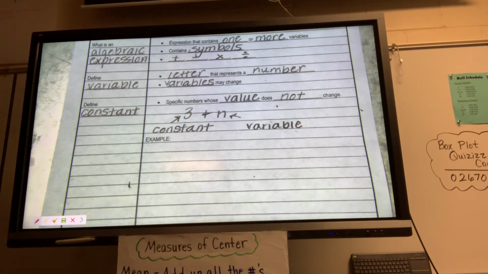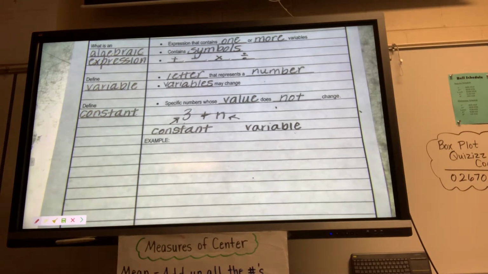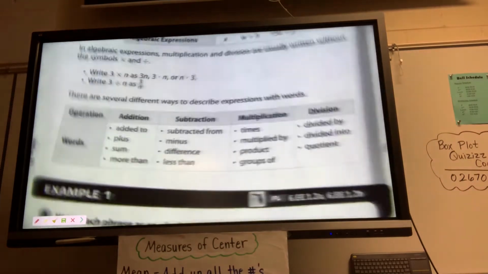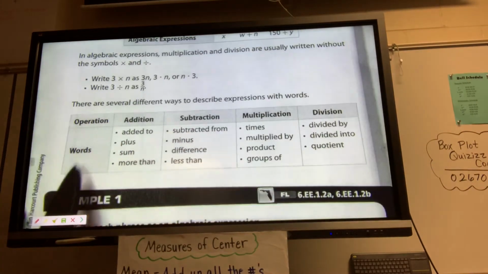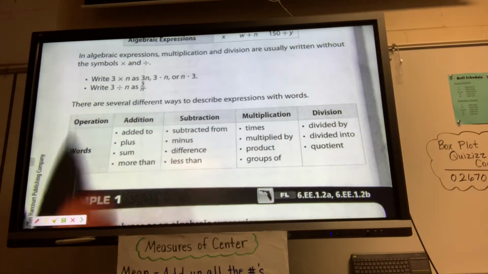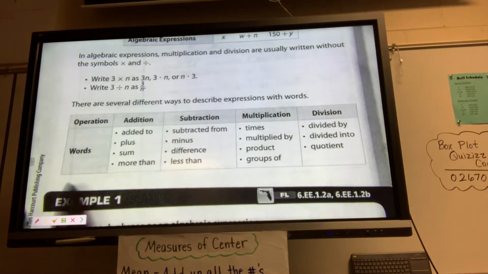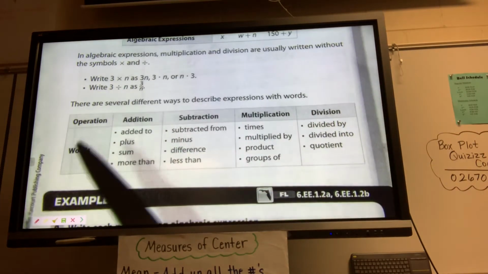So the next thing I want us to do is in our module on page 261, there is a chart. Nope, there's a different chart. On this page, right here, this chart that says operation, addition, subtraction, multiplication, and division with the words, we're going to need to cut that out.